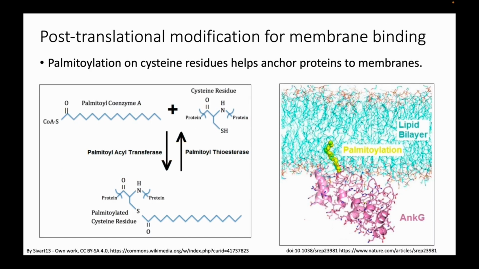Let's take a look at another example, how we can have lipids as a post-translational modification. So a palmitoyl, that's this group right here. We can have palmitoyl attached to an enzyme, and then a certain protein that has a cysteine residue on it. And then we have enzymes that add or remove this palmitoyl group from this protein. So the product could be a protein with this palmitoylation on it. So what does that mean?